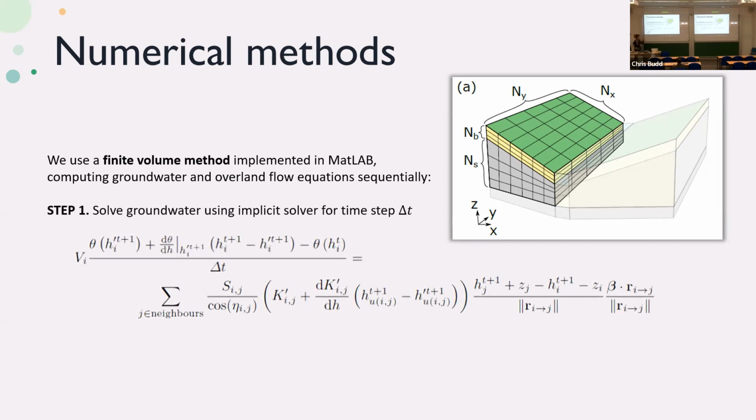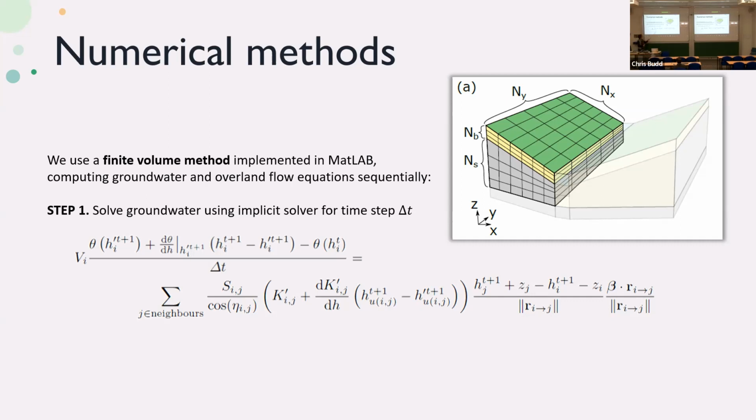In the first step, we are solving only the groundwater flow in this gray and yellow zone using an implicit solver, in which in each step of this implicit procedure, I'm linearizing these nonlinear functions theta and k around the current value of h, as compared in the previous iteration step.